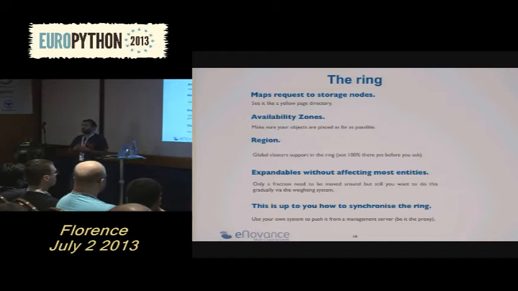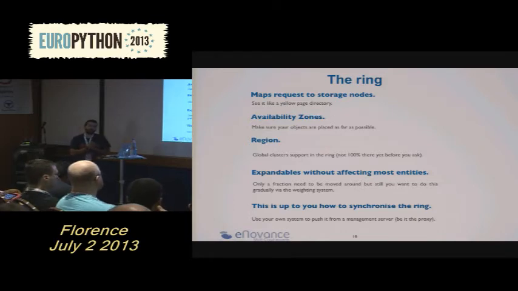You need to ensure that at least one replica can go to that region, so the placement will go there. So basically, you need to see the ring as a yellow page, a pointer from the object to which server it is on.